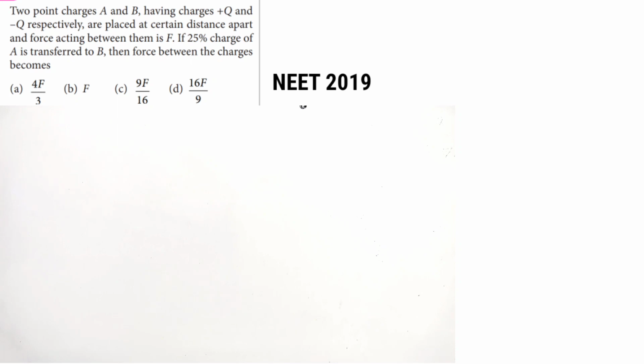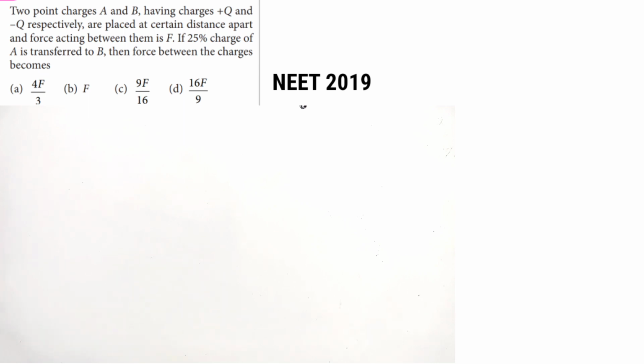Okay, so here is the first question of Coulomb's law. Two point charges A and B having charges of plus Q and minus Q respectively are placed at a certain distance apart, and the force acting between them is F. If 25% of the charge of A is transferred to B, then the force between the charges becomes what?